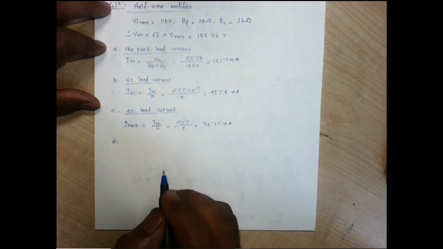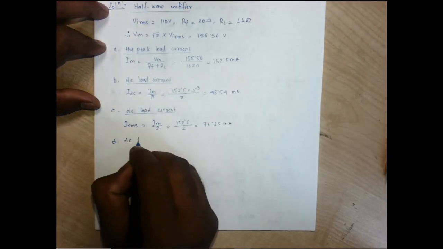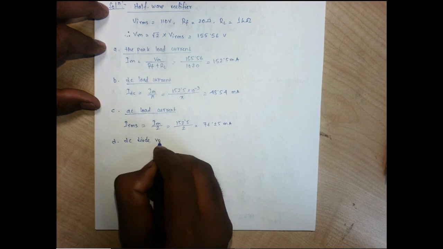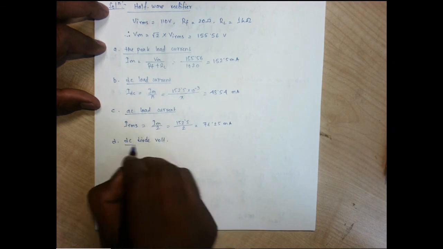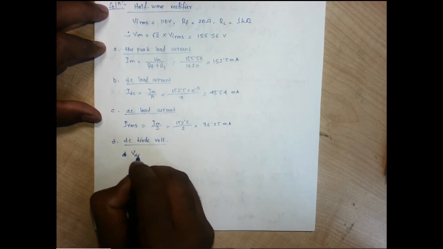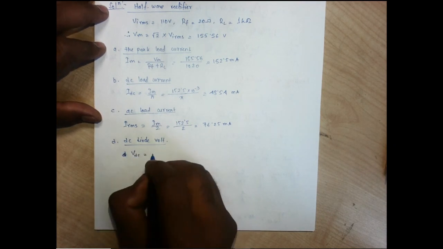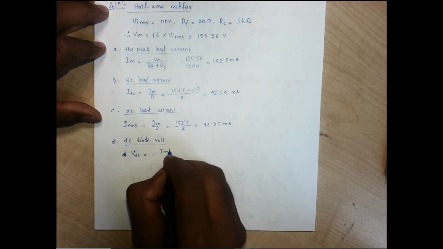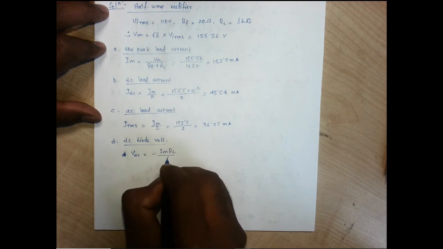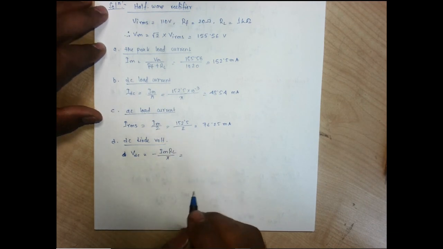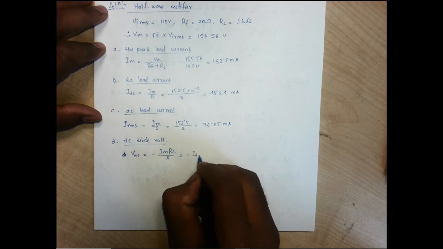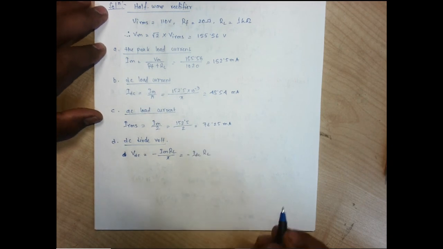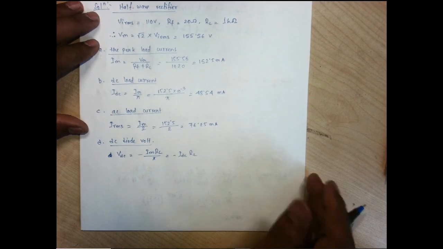D, what is that? DC diode voltage. That is VDC. What is that? Minus Im RL by pi, or simply minus IDC into RL.